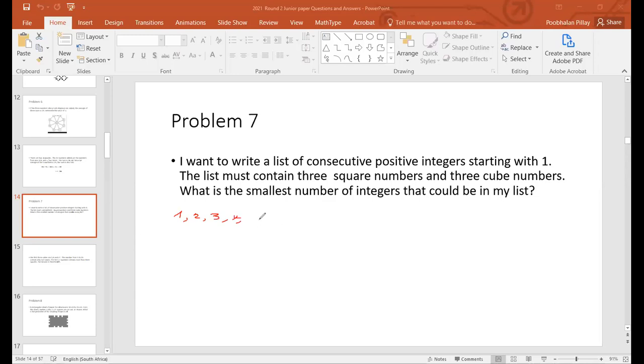So we already know what these numbers are. But the list must contain 3 square numbers. Okay, 3 square numbers. I've already got 2 here, having gone up to just this point here. 3 square numbers. And 3 cube numbers. Oh, okay. So the only cube we've got is that one.